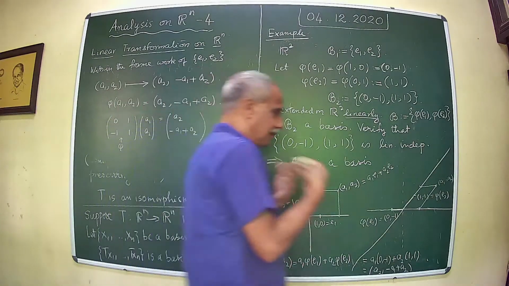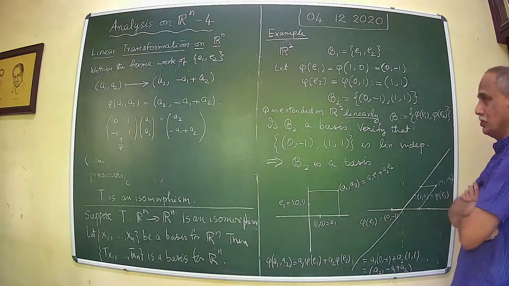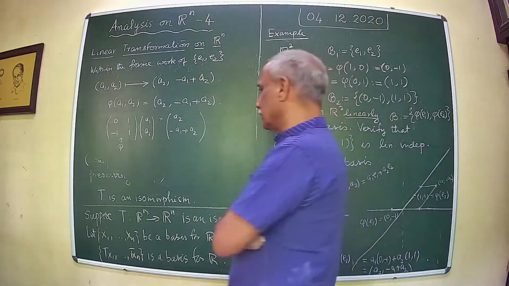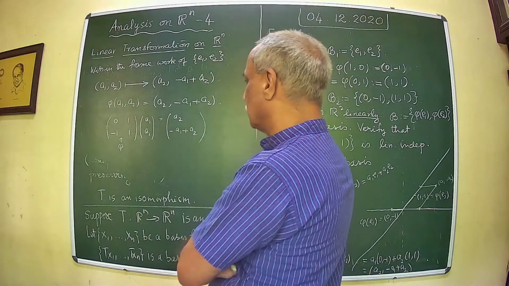I am just recalling your knowledge of matrix theory, that a linear map can be represented by a matrix multiplication.